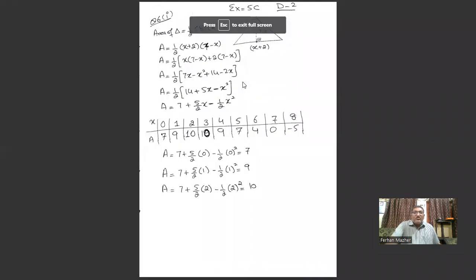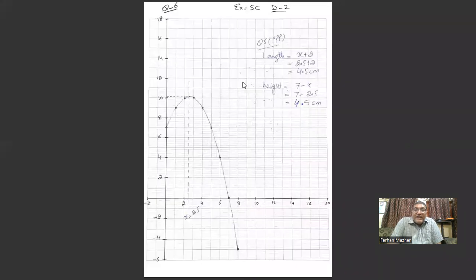Your values of x are going from 0 to 8, and the values of y are going from minus 5 up to 10. According to this, I will make my grid. You can see here, I have drawn the grid. On the x-axis, 1 centimeter represents 1, and on the y-axis also 1 centimeter represents 1 centimeter square.